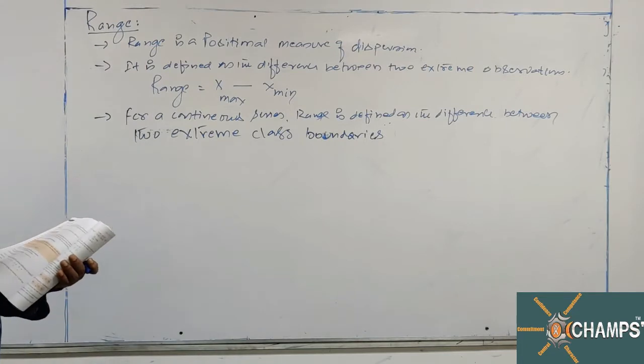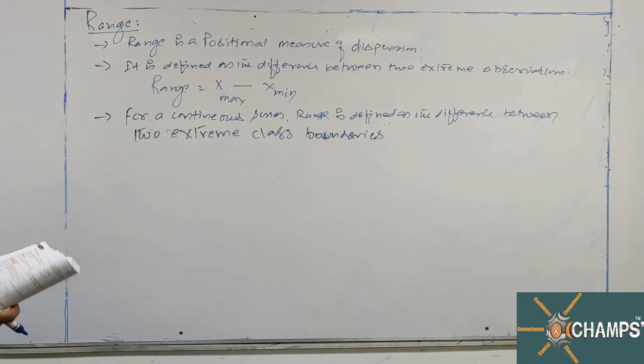For a continuous series, range is defined as the difference between two extreme class boundaries.